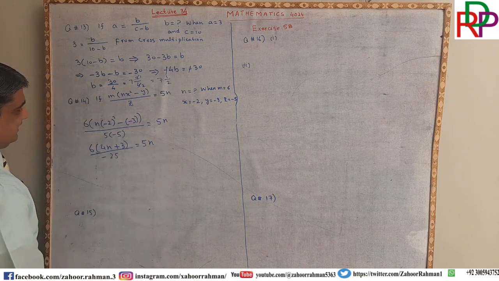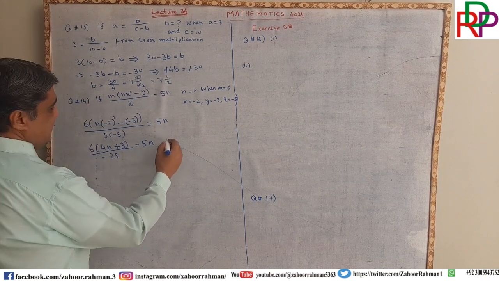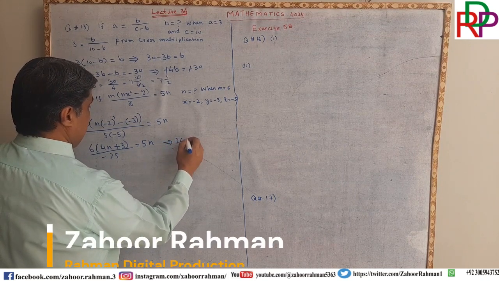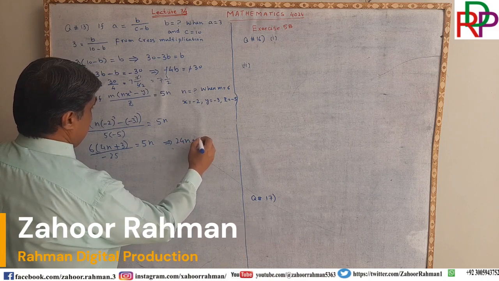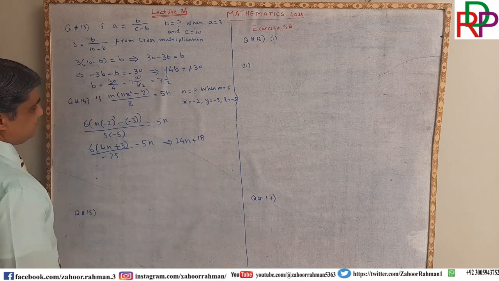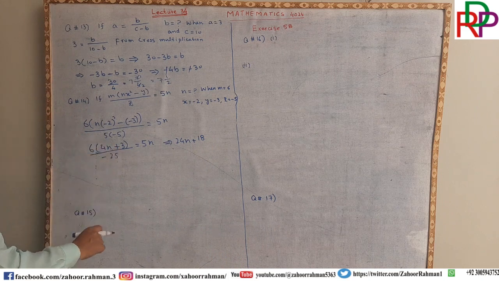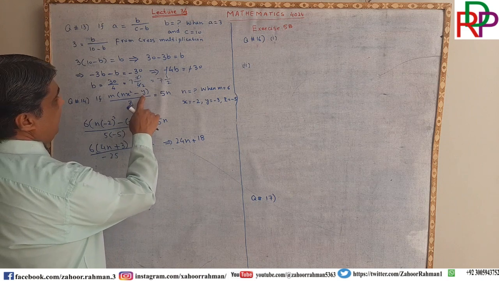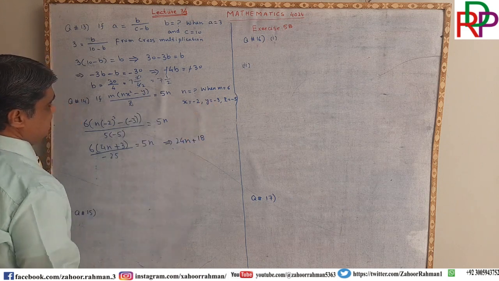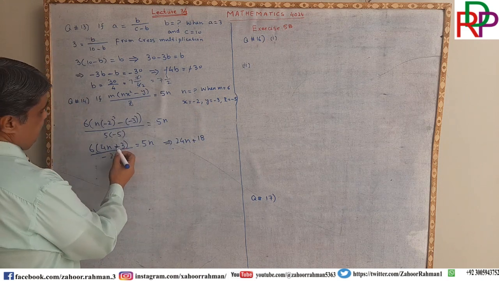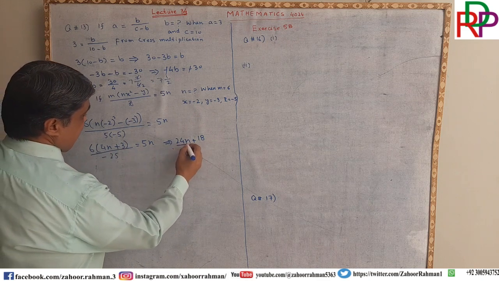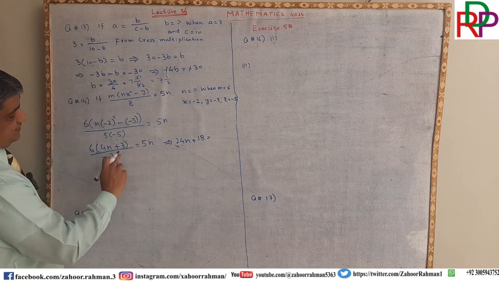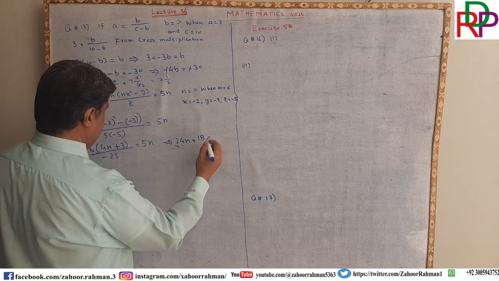is equal to 5n. Now cross multiplication will give you 24n plus 18. 6 threes are 18 because the value of y is minus 3. So 6 threes are 18 and we will shift this minus 25 to the other side.